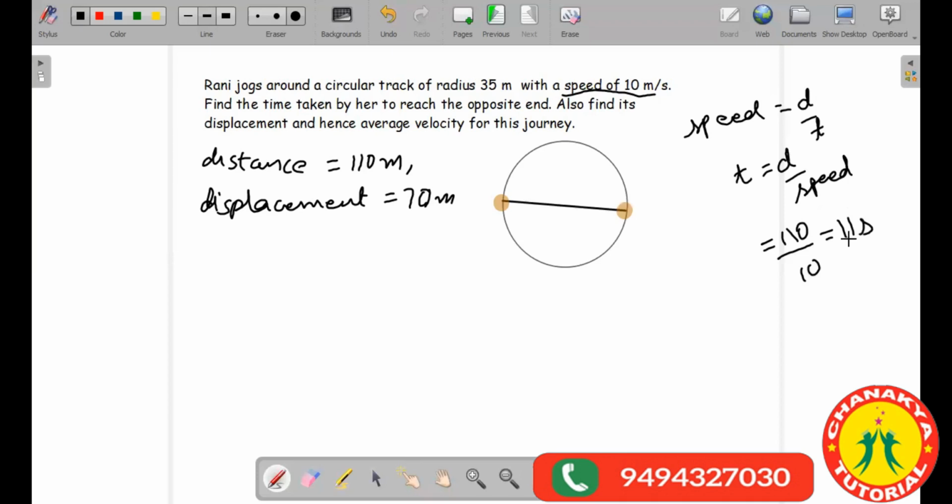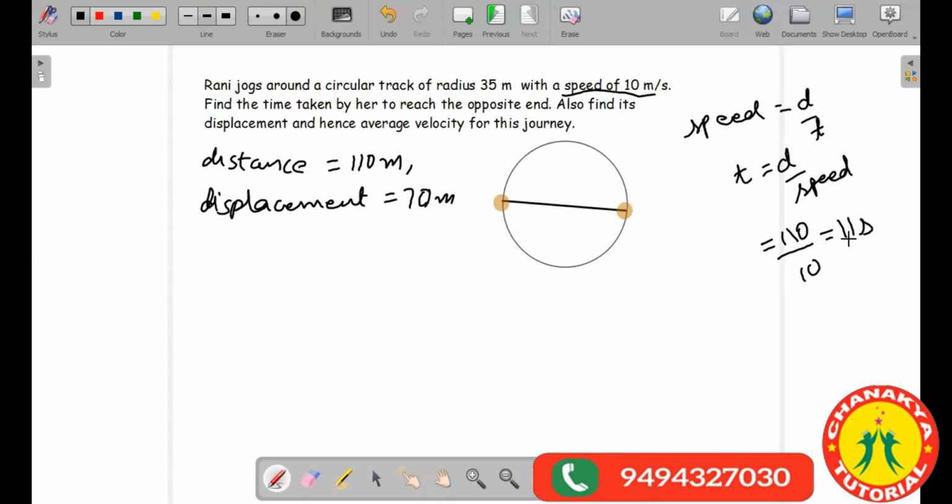Sir, then what would be the value of her average velocity for this part of the journey?